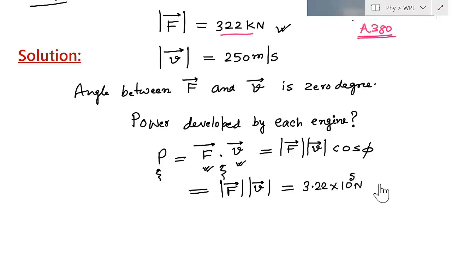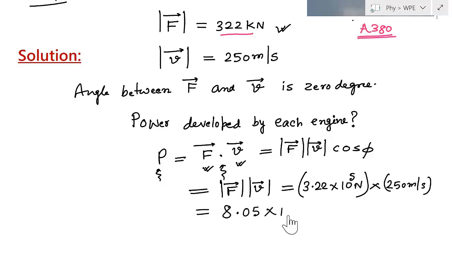And then I have to multiply this with the magnitude of velocity, that is 250 meter per second. If you do all this calculation, this turns out to be 8.05 into 10 to the power 7 watt. That is the SI unit of power.